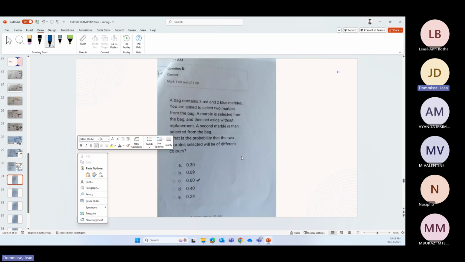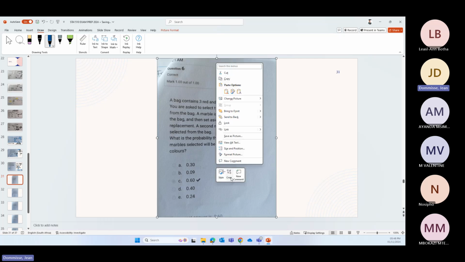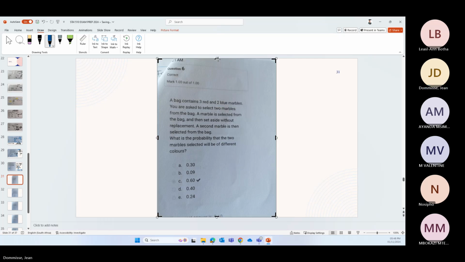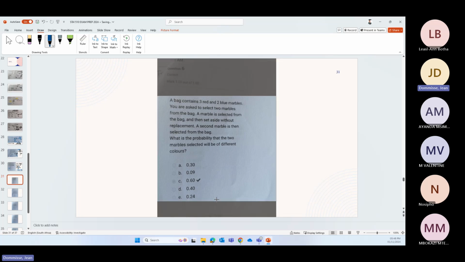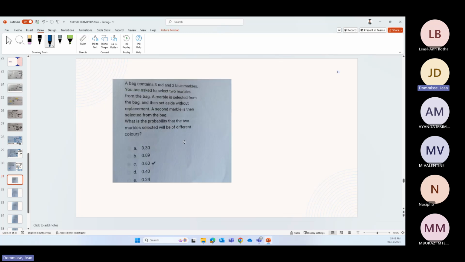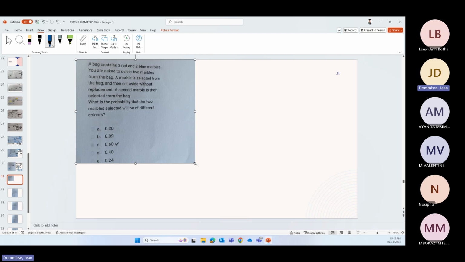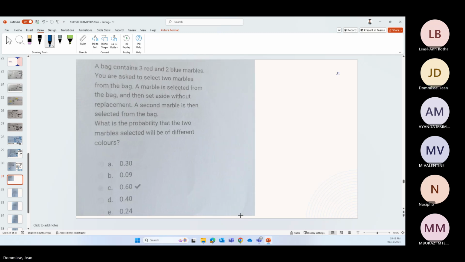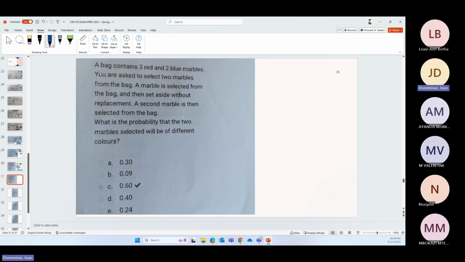Okay, so a bit of probabilities, but also nearly between permutations and those kind of things maybe. So let's first read. A bag contains 3 red. So what I just normally do is to write it down. 3 red, 2 blue.